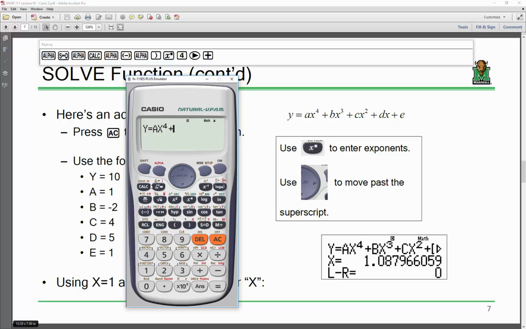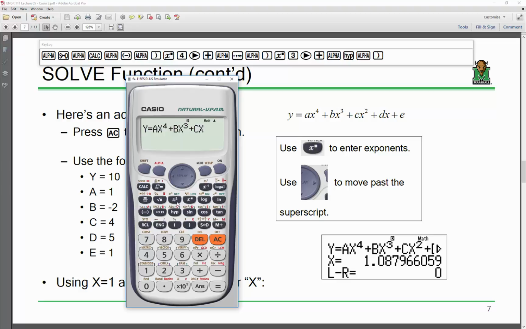So plus, and then I think you'll see this is pretty rote from here. So alpha b, alpha x raised to the 3rd, get out of the superscript, plus, and then we keep trucking. So we've got alpha c, alpha x, and we could use the exponents, or we could just hit the square button.